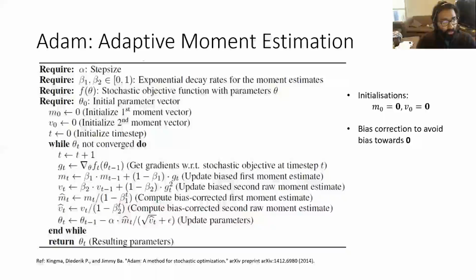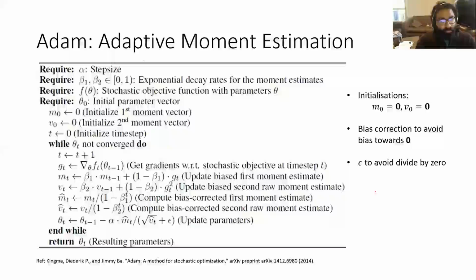Notice that beta 1 is raised to the power t. So initially the denominator has an effect, and as t increases, the denominator of the bias correction goes to 1, and you will effectively use MT and VT as such as time passes.